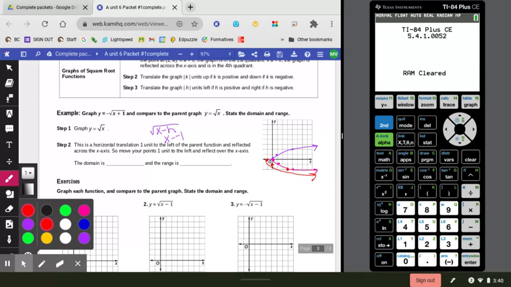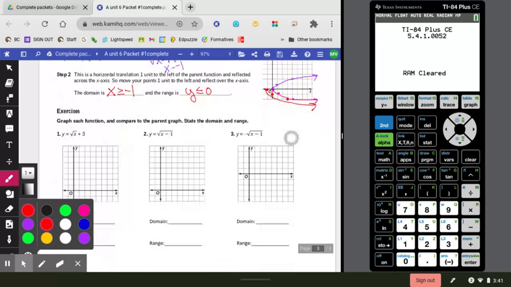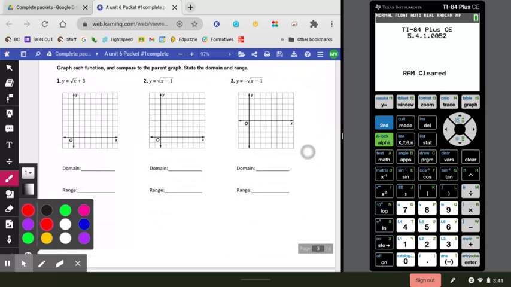The domain, our x values now start at negative 1. So our domain is x is greater than or equal to negative 1. And the range is y is less than or equal to 0, because it's below the x-axis. So I want you to pause, and I want you to graph 1, 2, and 3, and come back.